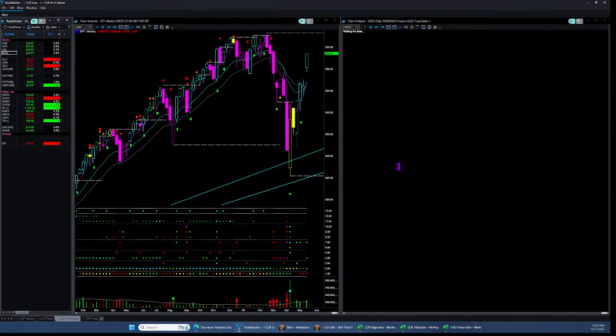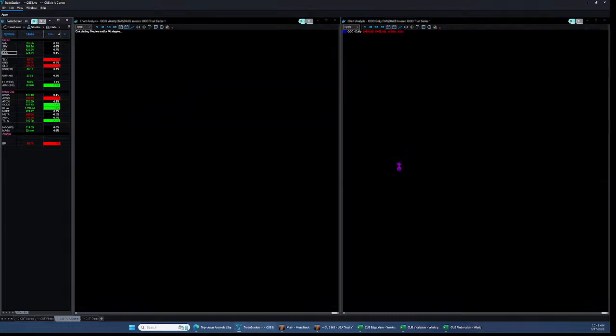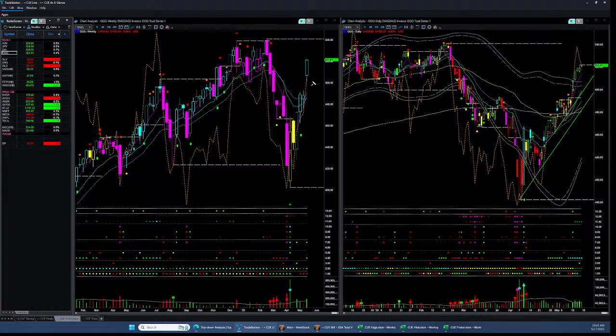If I go to QQQ now, weekly is very bullish, but daily is relatively weaker, and we can see that from the relative performance also tilting down. Stretch indicator shows it is too overbought to buy now.